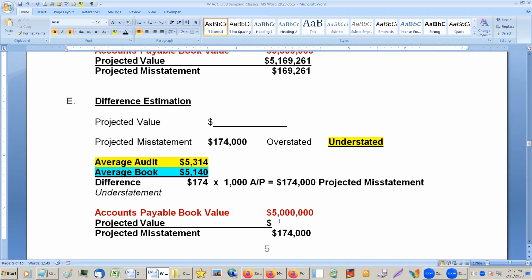What would the projected value be? Oh, you guys have it. $5,001,074,000. So this would be our projected value.